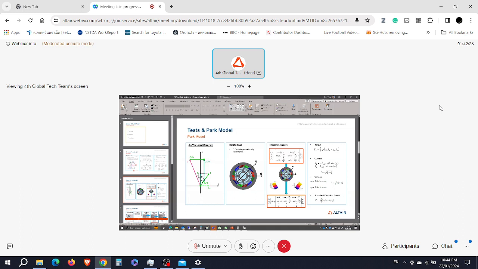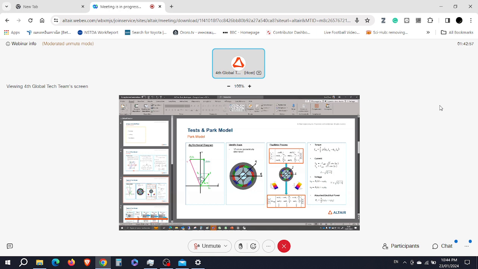For the synchronous reluctance machine, the control angle is mainly in this quadrant. So this is really different from the control strategy of a synchronous machine with permanent magnets.